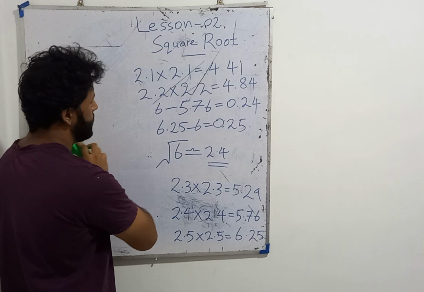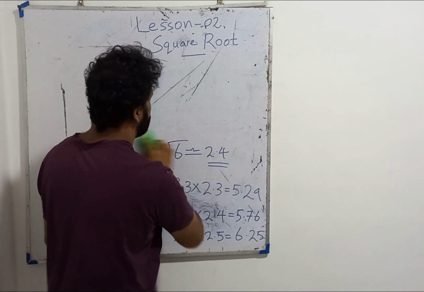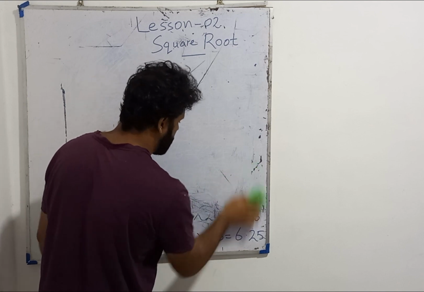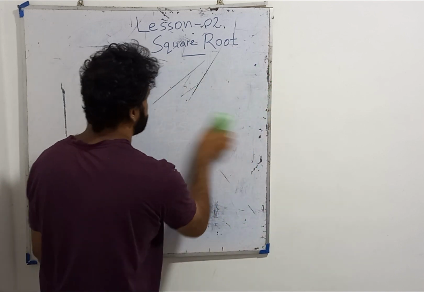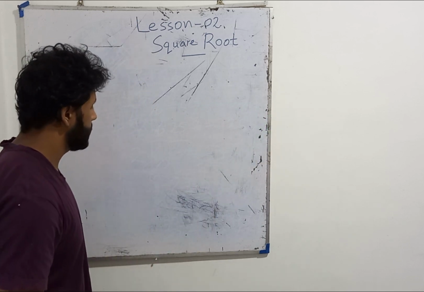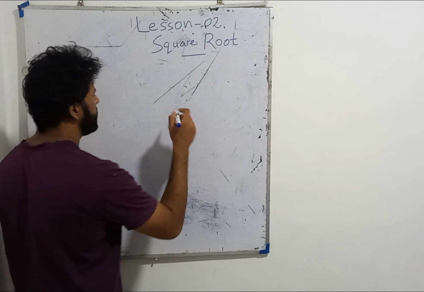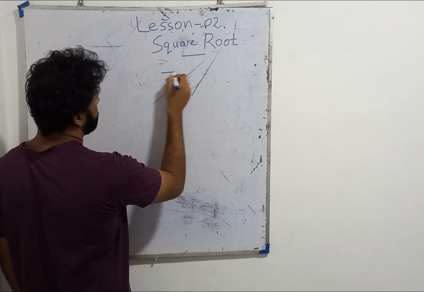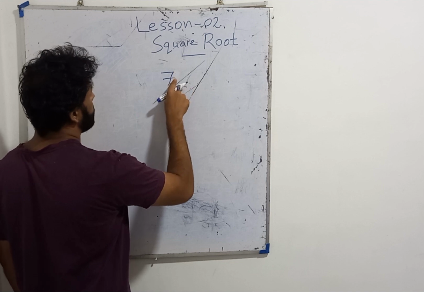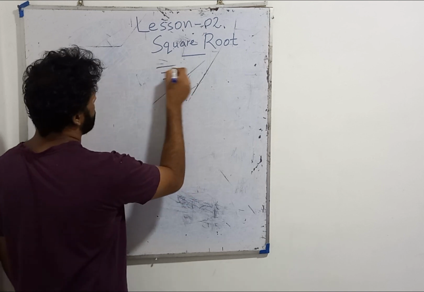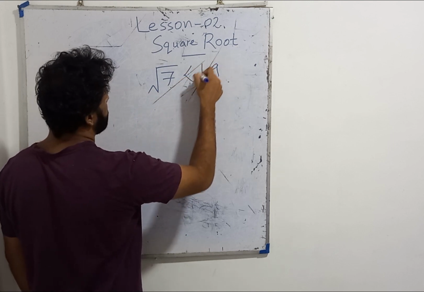Then let's go and find another one which is very close. Let's find the square root of 7. Now you know the procedure.